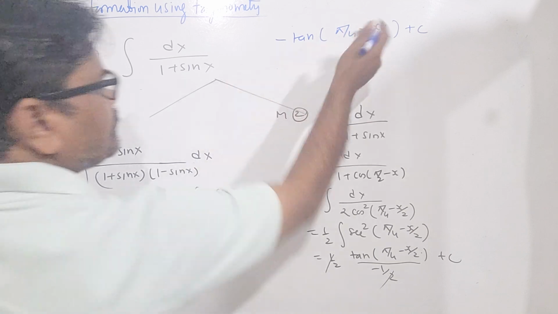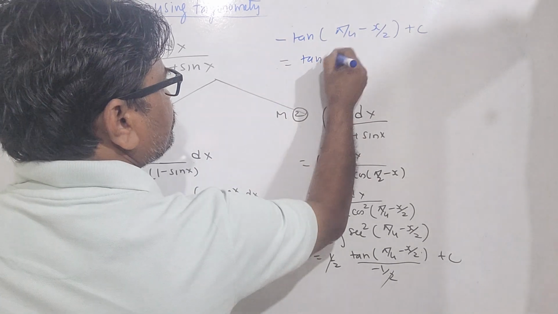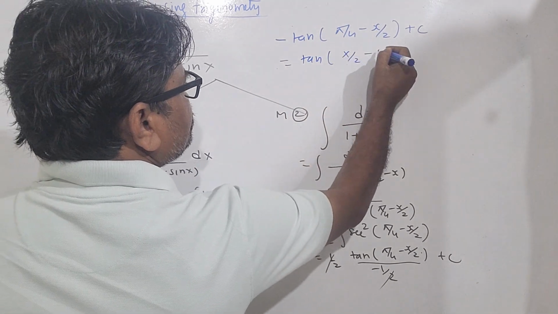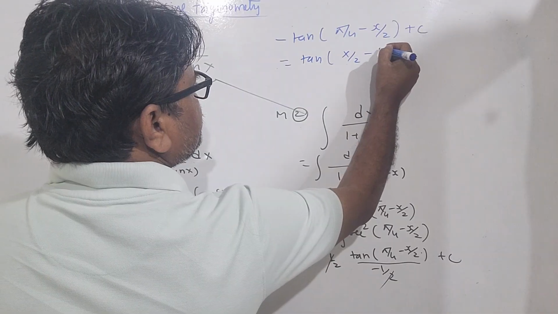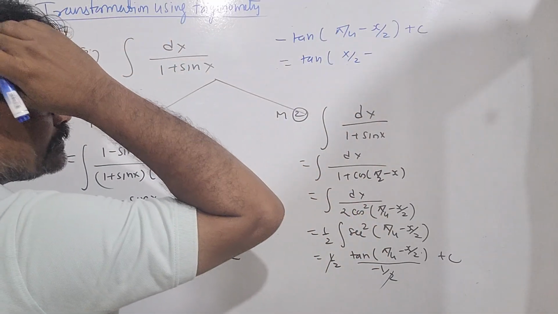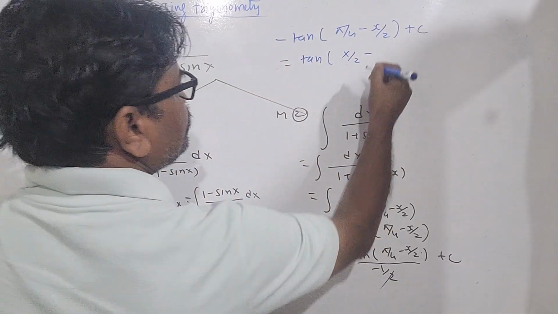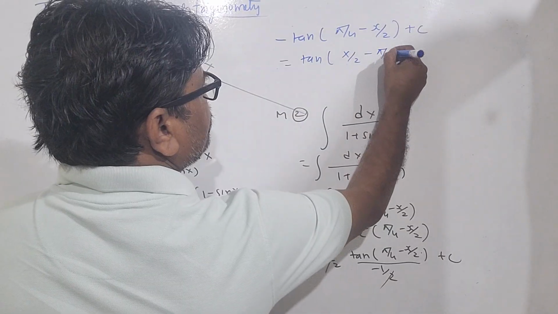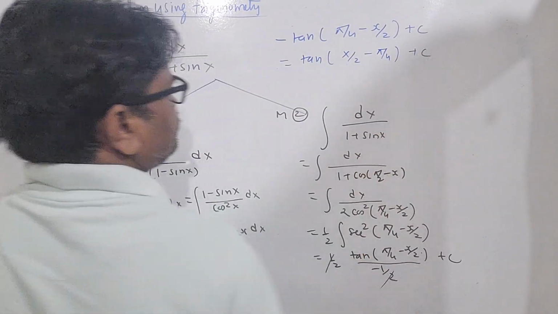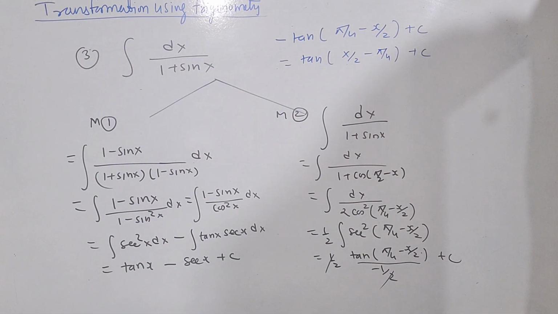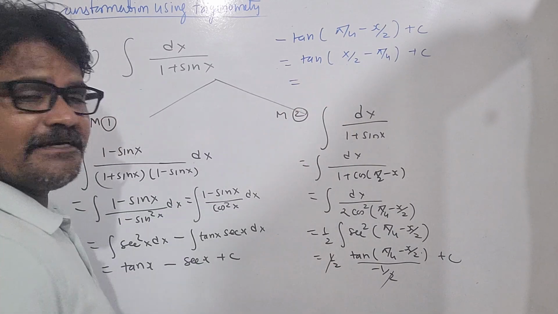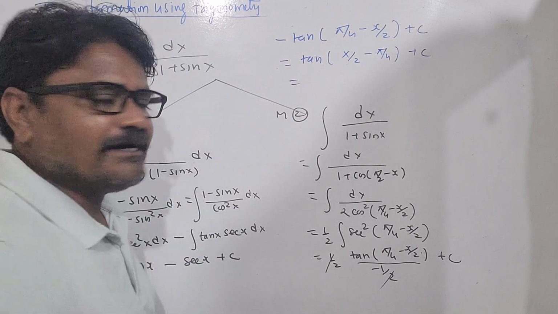So minus multiplied will be, so that is equal to tan of (x/2 minus pi/4), okay, and this is what? This is x/2 minus pi/4 plus c, correct? This is the answer. Also I can write it by using the tan(a minus b) formula, correct?